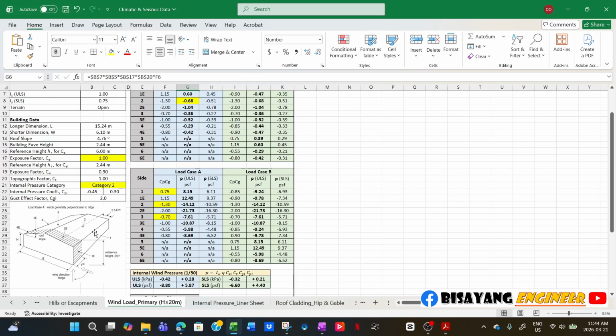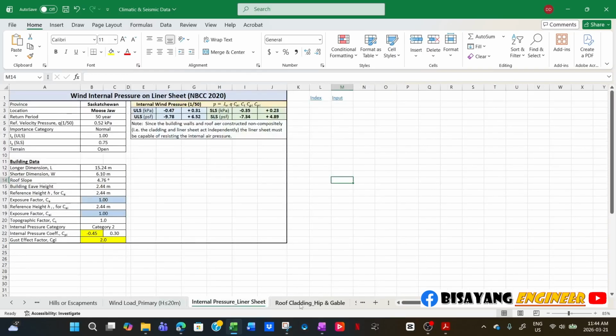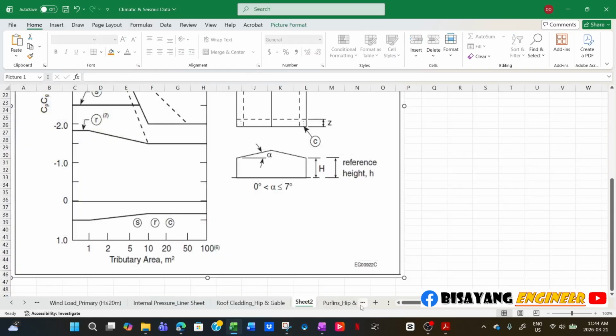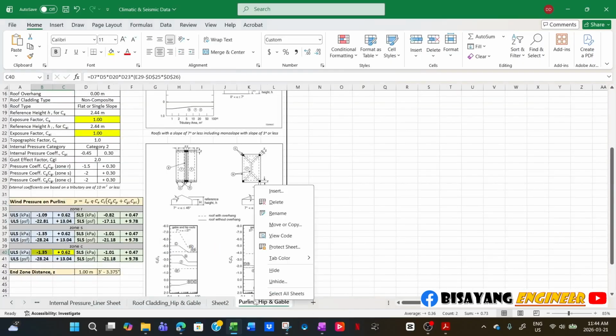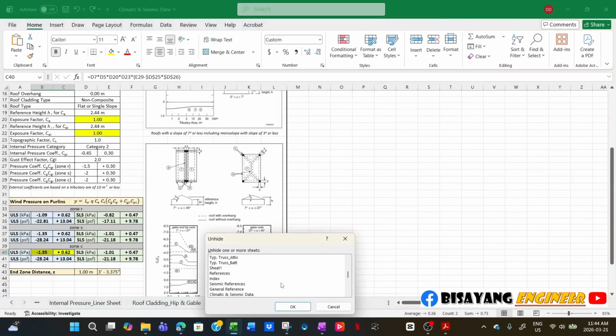But for the individual components, that's the time you use, for example, if it's a liner, a roof cladding, purlins, end wall, wall girts, wall cladding, purlins that are monoslope. So roof cladding, monoslope, this is different.